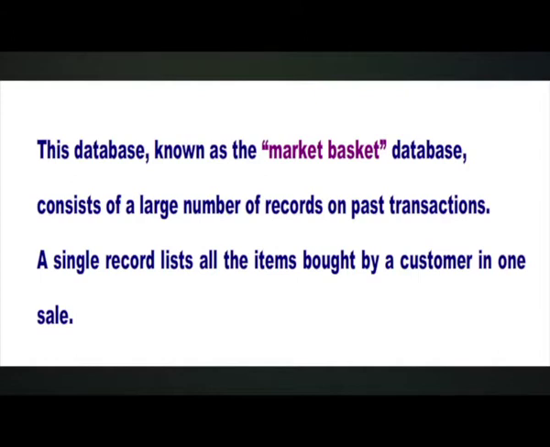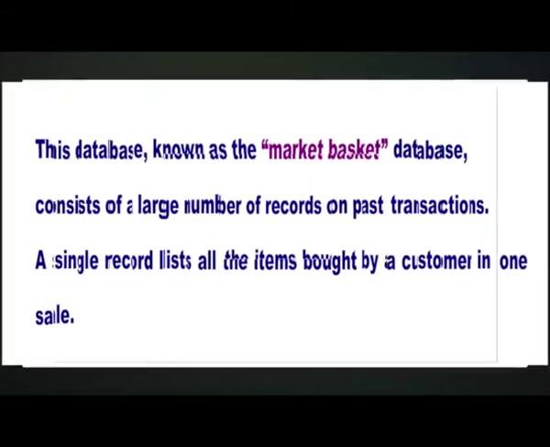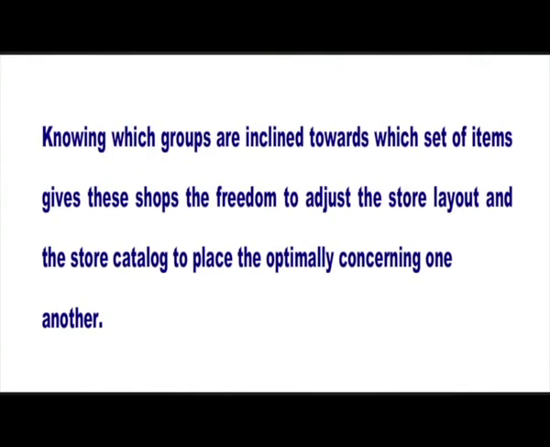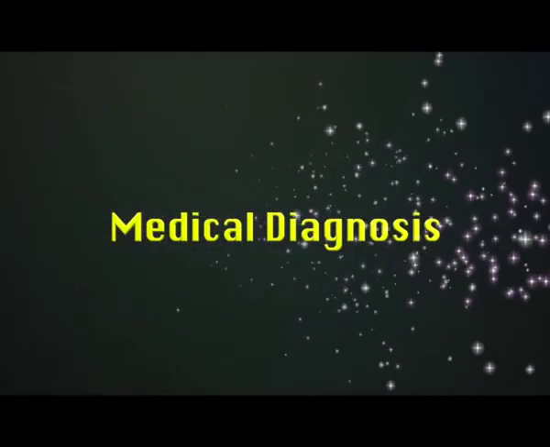A single record lists all the items bought by a customer in one sale. Knowing which groups are inclined towards which set of items gives these shops the freedom to adjust the store layout and the store catalog to place items optimally with respect to one another. An example is Reliance.